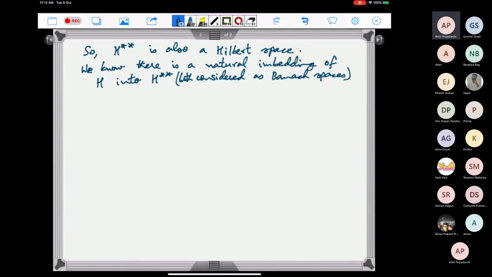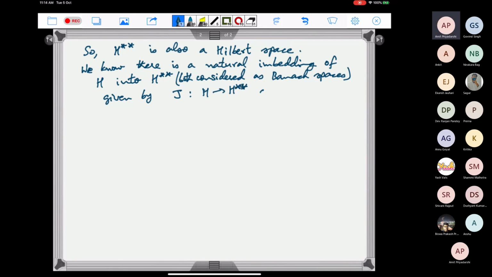So there is a natural embedding of H into H double star given by this map that we defined. J was the map from H to H double star.